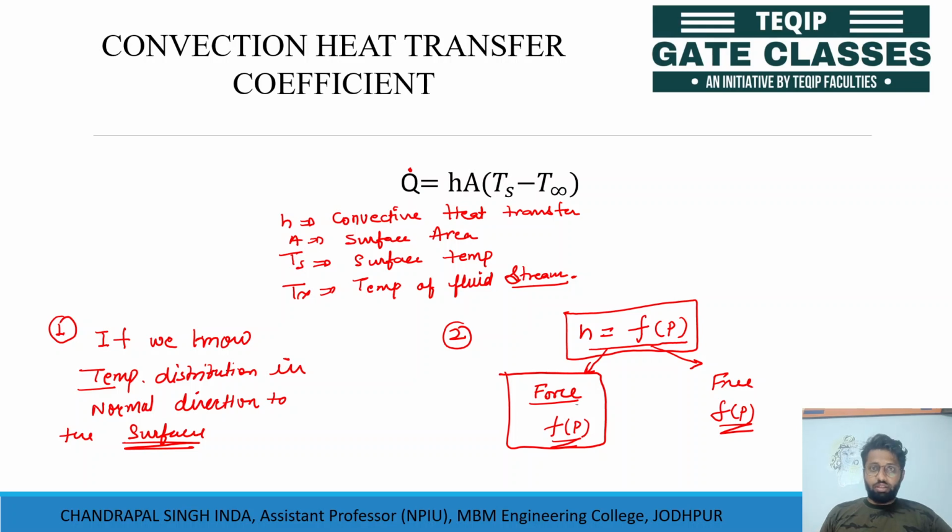Then we will discuss a few dimensionless numbers related to forced convection, and we will start flow over external. We know that forced convection is divided into two categories: first is external forced convection and second is internal forced convection. After that we will start external flow over a flat plate. We'll discuss in the next lecture.